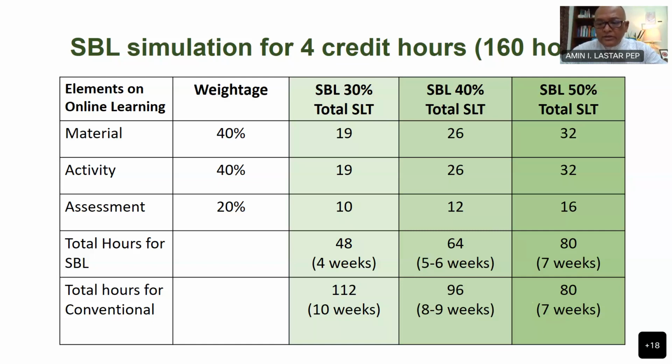Right, the determination of this percentage here, you mean the 40, 40, 20? Or the 30%, 40%, or 50%? 30, 40, and 50 here, which one you can choose, that is what you mean, I suppose, yeah?